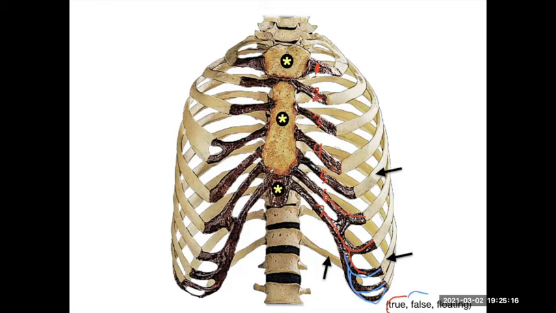So these are false ribs, which are also these bottom ones, but the bottom ones are also called floating ribs because they're not actually attached to the sternum at all. They're just floating in the back there. Okay, so those are ribs, and just distinguish between true, false, and floating. 1 through 7, true. False is actually 8, 9, 10, 11, 12, but 11, 12 are also called floating ribs. That's all you got to know about the rib cage.